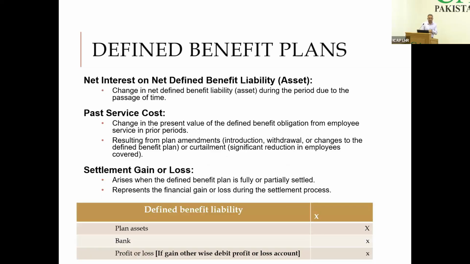Okay, next we have net interest cost. As I already discussed, our opening liability, when one year passes, becomes one year closer to its maturity, so it's an unwinding. And IFRS requires that interest cost and return on plan asset should be recognized at one rate, and that rate should be the government securities rate available in your country, or a high quality corporate bond rate.